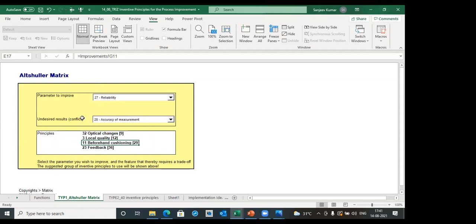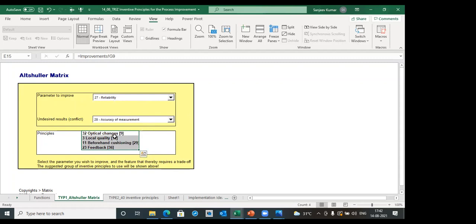Okay, so if you want to improve one function, the other function is getting conflicted, you have some solutions also. So the solution is nothing but the principles. Using these 4 principles, you can get the solution in order to improve the reliability and also accurately measure the dimensions.